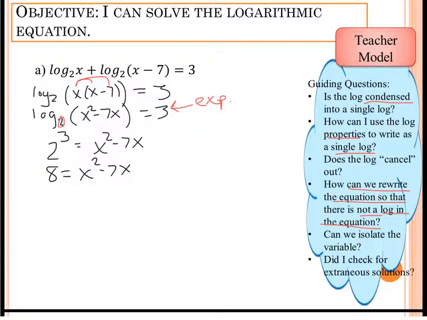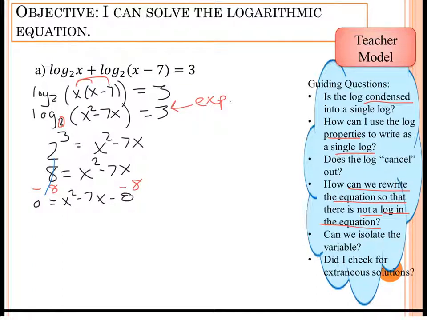But before I do that, what I'm going to do is actually put it in standard form. Remember that standard form means that we get everything all on one side, and one side equal to 0. So that's going to require that I subtract 8 from both sides. So now I have 0 equals x squared minus 7x minus 8.